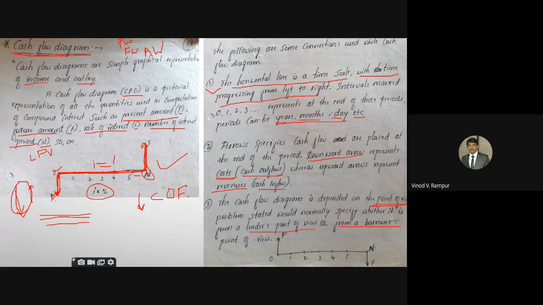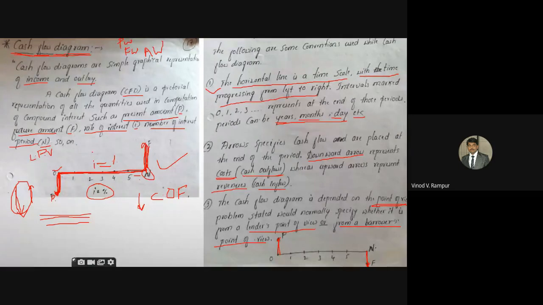Here I have drawn a cash outflow and a cash inflow, two arrows kept at the end of the time period, 0 to n. Here I am giving the money, and I am taking the money at the end of it.